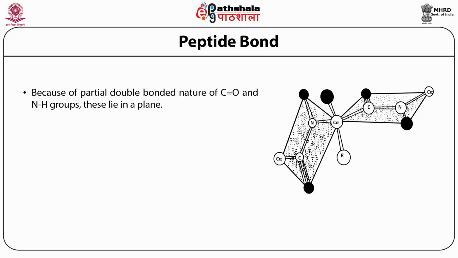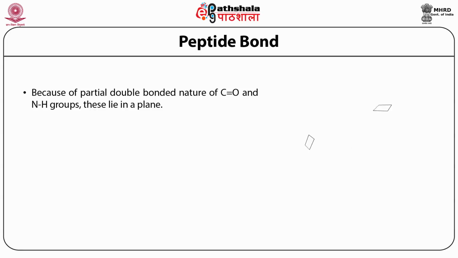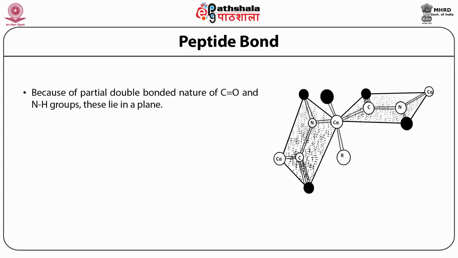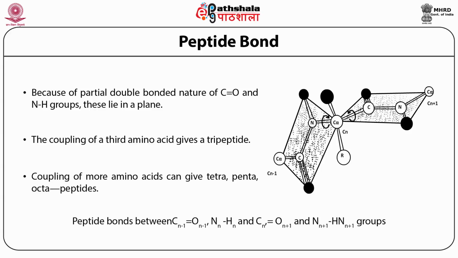The next amino acid, CO group and NH, they form another plane. And they couple two amino acids. When a third amino acid is coupled, it is called a tripeptide. This can continue for more amino acids, and these are called tetra, penta, octa peptides, etc.